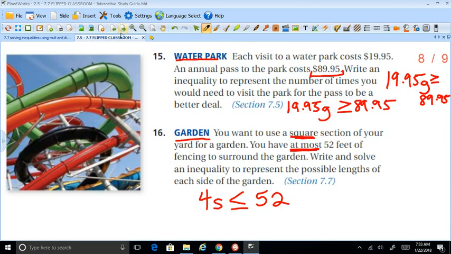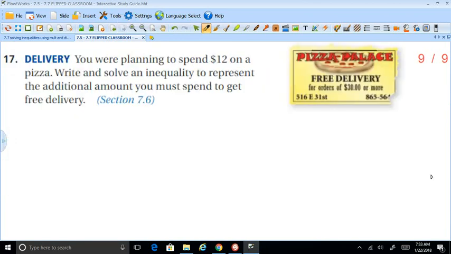And the last problem here, delivery. You are planning to spend $12 on a pizza. Write and solve an inequality to represent the additional amount you must spend to get free delivery. And it says free delivery for orders of $30 or more.